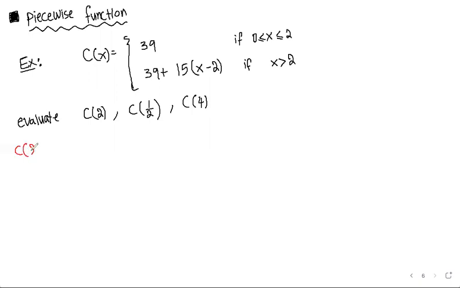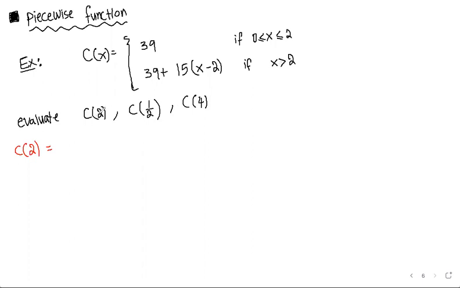Who will do the first one? C of 2. You have to check the number inside the function. We go to this function. You have to check whether this 2 is inside the first function or the second function. Is the 2 between 0 and 2, or is it greater than 2?